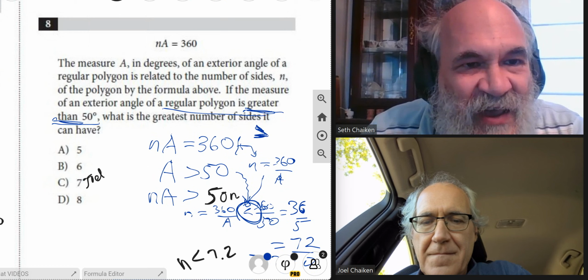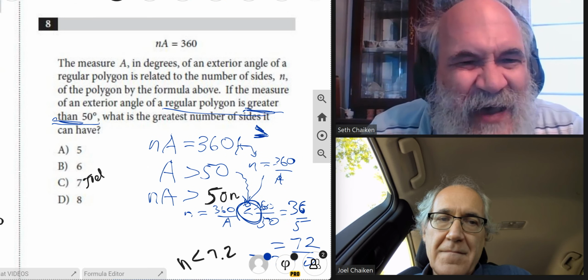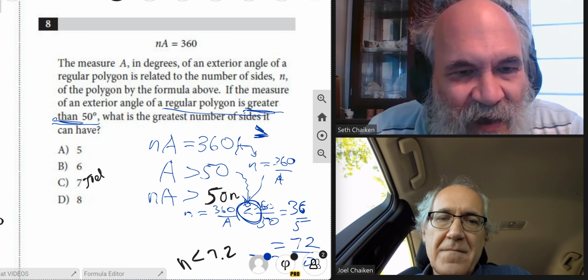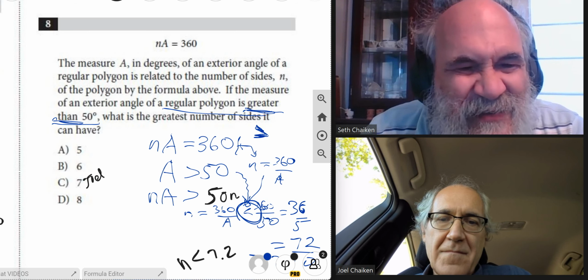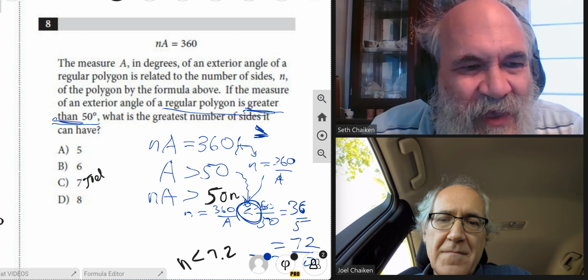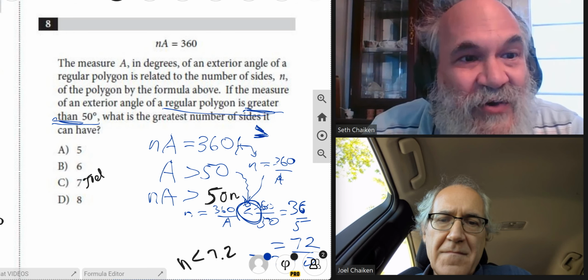And the question asks, what is the greatest value of N that's okay in this problem? N must be less than 7.2, and the greatest integer that is less than 7.2 is 7. So that's what we got.